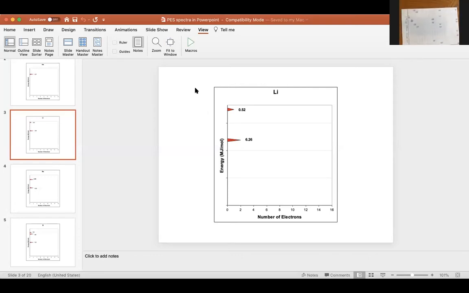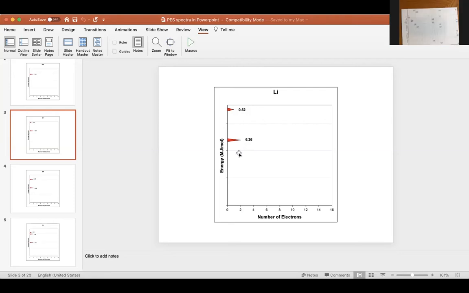So if you look at the graph for lithium, what do you see in terms of 0.52 and 6.26? At 0.52, the peak is smaller, and it doesn't go to 2, so it's probably 1 electron. And then the other peak, the 6.26 peak, it looks like it goes up to 2 electrons. Yeah, that's exactly what that shows us.